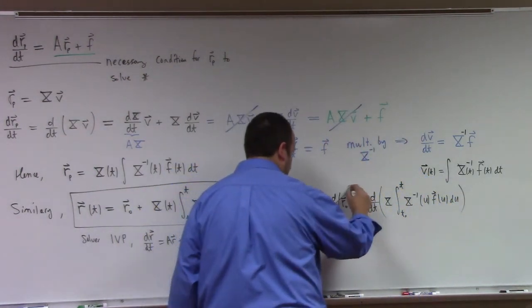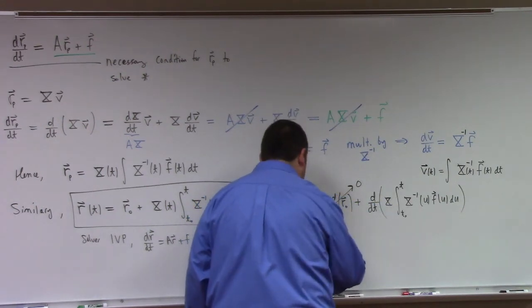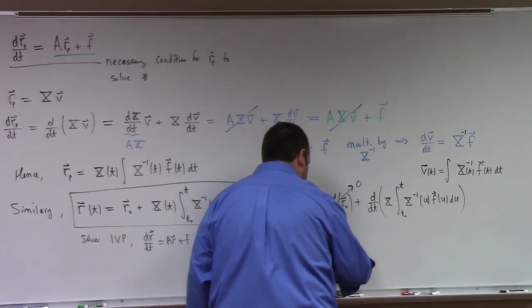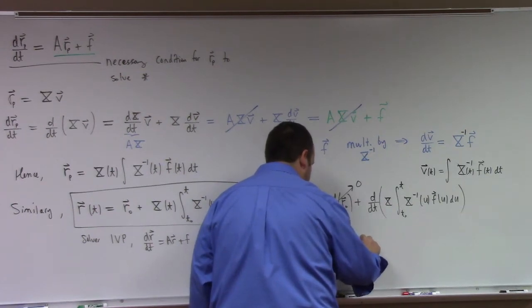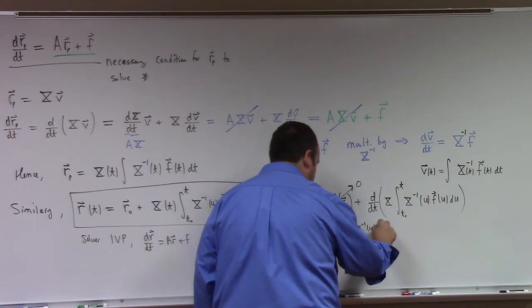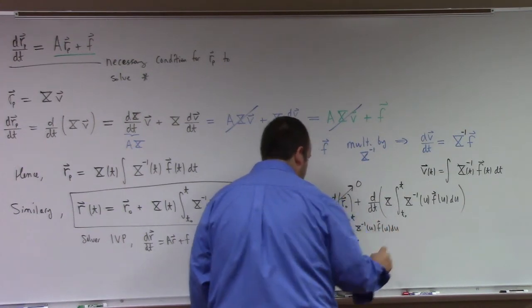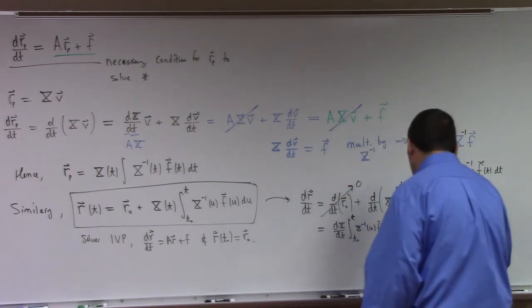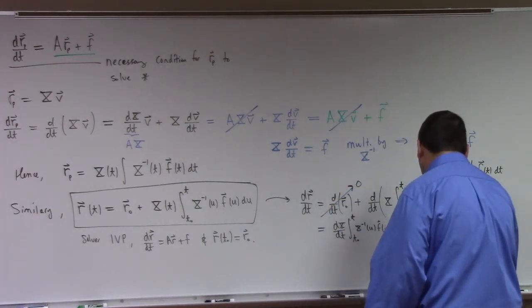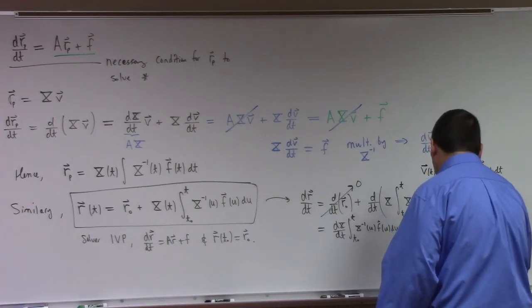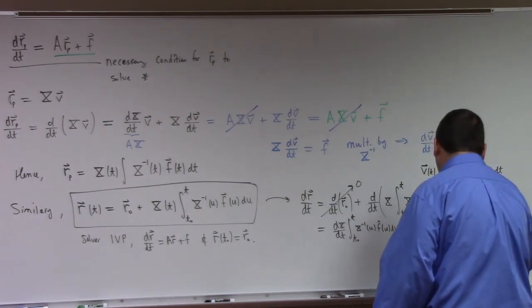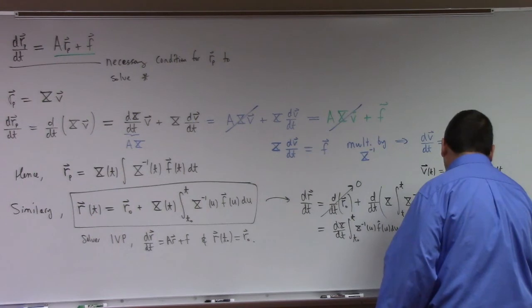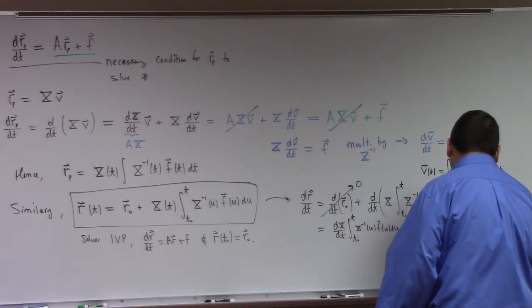And over here we have a product. We have dx dt times the integral from t naught to t of x inverse of u, f of u, du, plus x times d dt of the integral from t naught to t of x inverse of u, f of u, du.